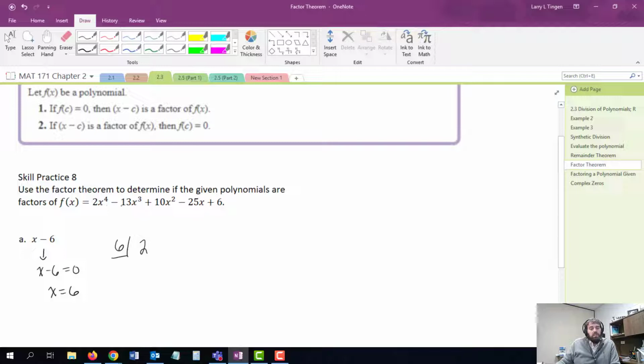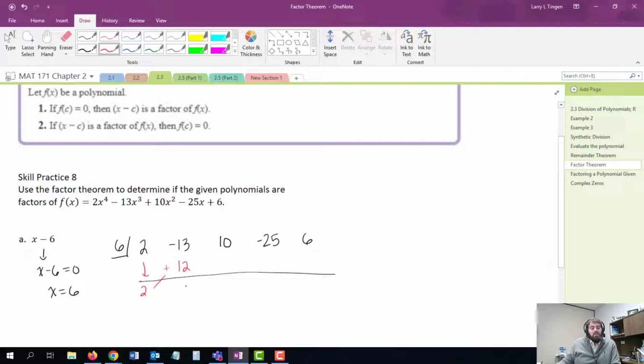Coefficients come into play. 2, negative 13. Keep an eye out if we're missing any. Fourth, third, second power, first power, constant. Bring down the 2, multiply. 6 times 2 is 12, and then it's just add.